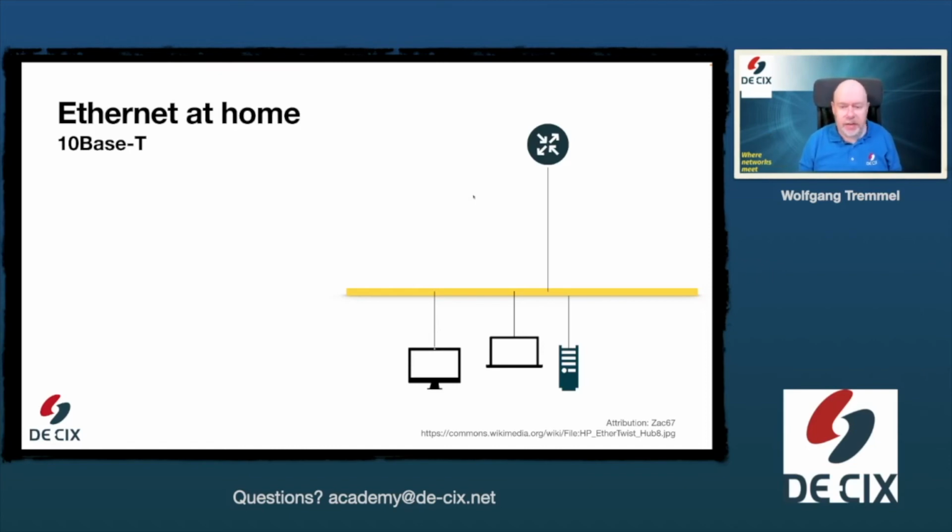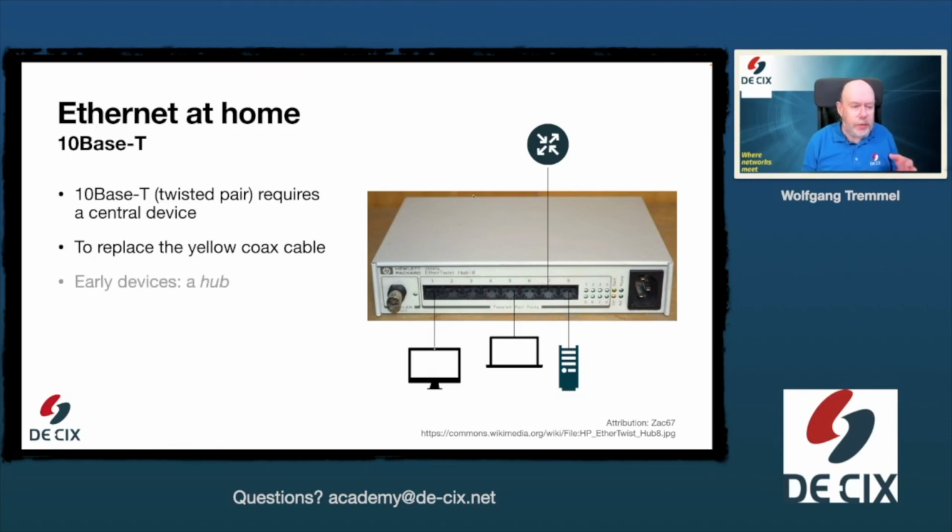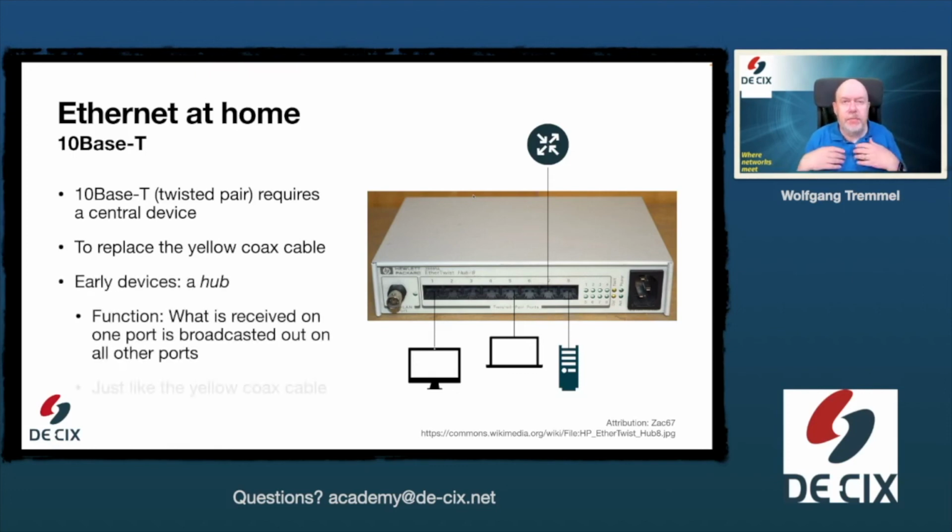At the beginning, remember, vampire taps and a coax cable. But 10BASE-T required a central device, and so the first central devices were called hubs, and they simply replaced the coax cable one-to-one. So everything which was received on one port was broadcasted on all other ports. And just like the coax cable, but with twisted pair ports.